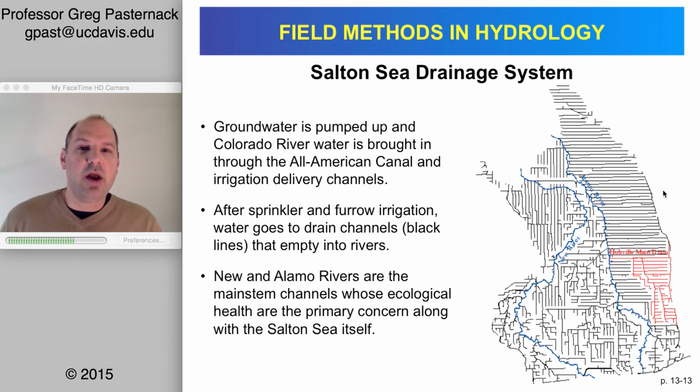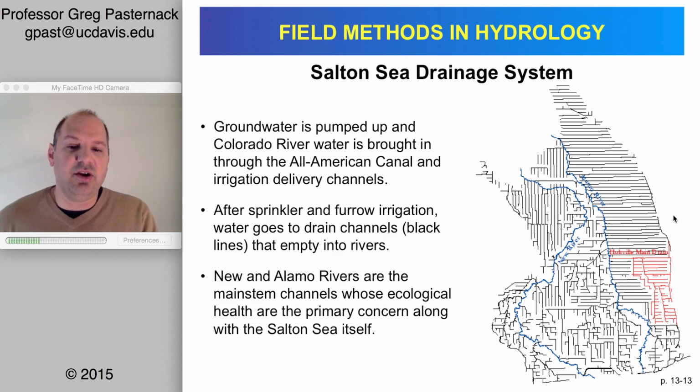They are both water supply canals and drain channels, and this is the drain network. And there are some larger drains and then tributary drains to those. So groundwater is pumped up, and also Colorado River water is brought in, and that is the source of irrigation.